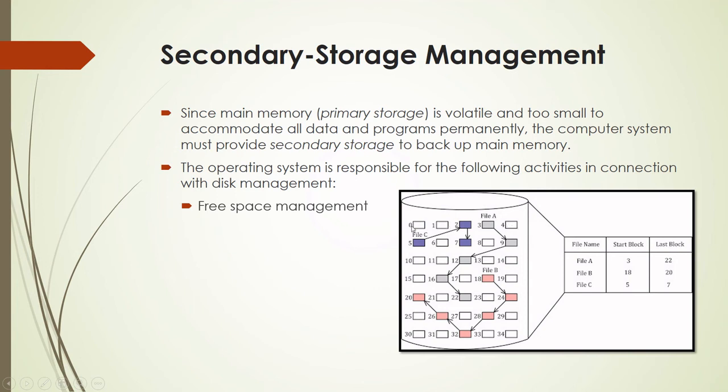So 0, 1, 4, 6, 8, 10, 11, 13, 14 are some of the free blocks, as these are marked in white. The operating system's role is to see which are the free blocks in the disk, so that when a new file comes in, these free blocks can be used to store the file.